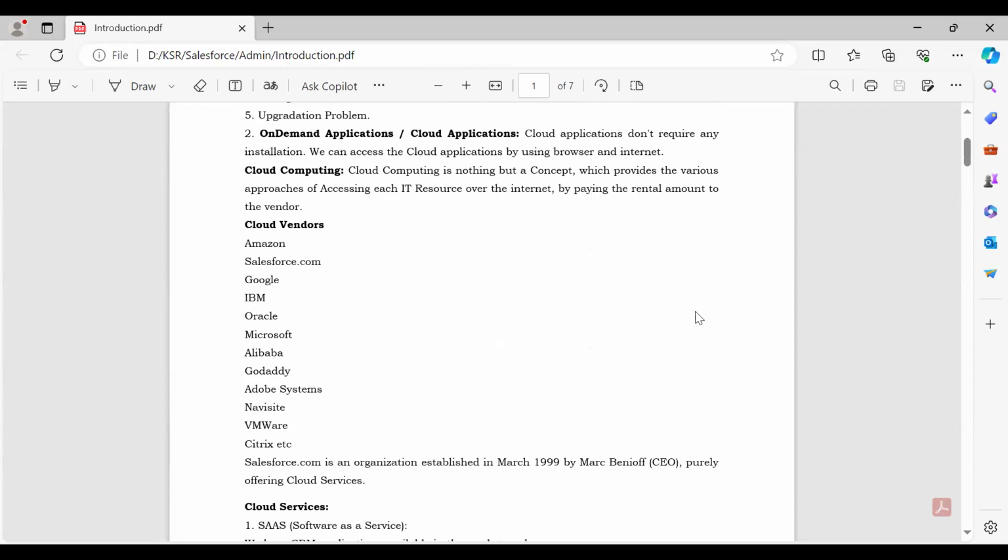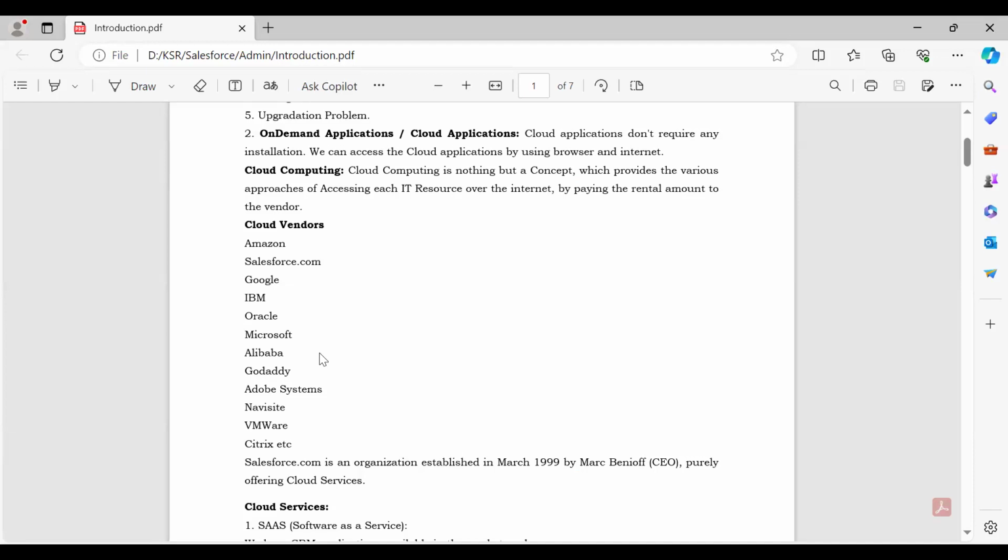In the IT industry, there are so many cloud vendors. Not only Salesforce, we have so many cloud vendors like I have listed out here: Amazon, Salesforce, Google, IBM, Oracle, Microsoft.